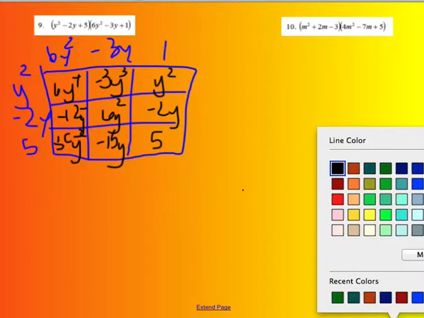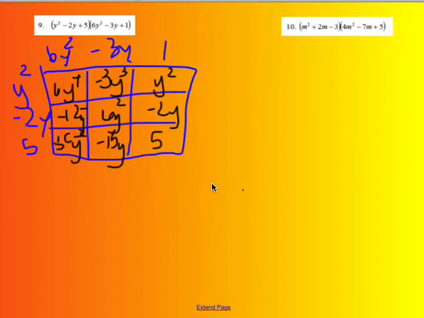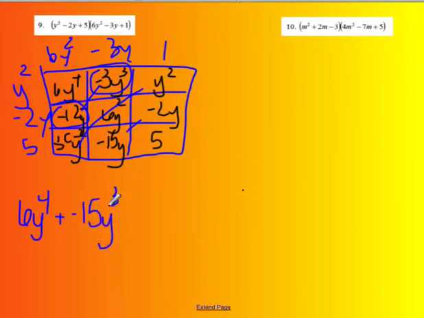So again, if you notice down your diagonals, you're going to have like terms. So my largest is 6y to the 4th, so that's going to come first. Then I have negative 12y cubed minus 3y cubed, so that's going to get more negative. So I have a negative 15y cubed, or you could just write minus 15y cubed. And then I have y squared plus 6y squared, which is 7y squared, plus 30y squared, which is going to be 37.